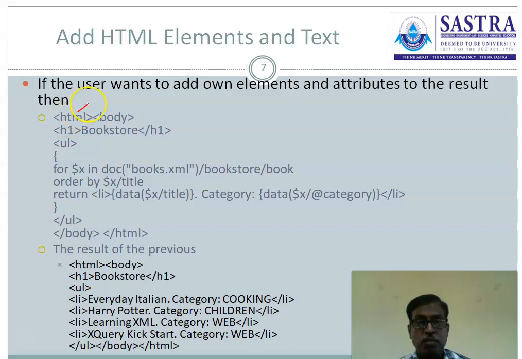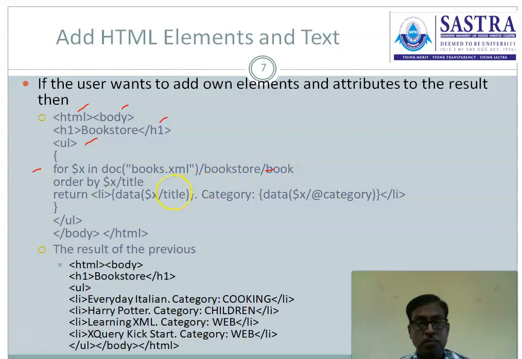See, html, body, and then h1, bookstore. In header 1 format, bookstore is displayed, and then unordered list ul, and then open braces, close braces, for $x in doc books.xml /bookstore/book, and then order by $x/title.